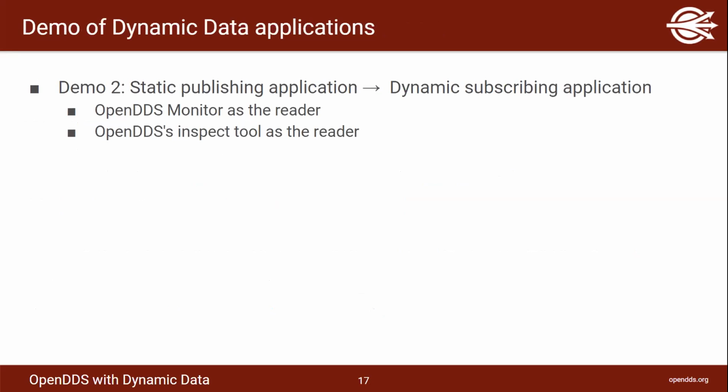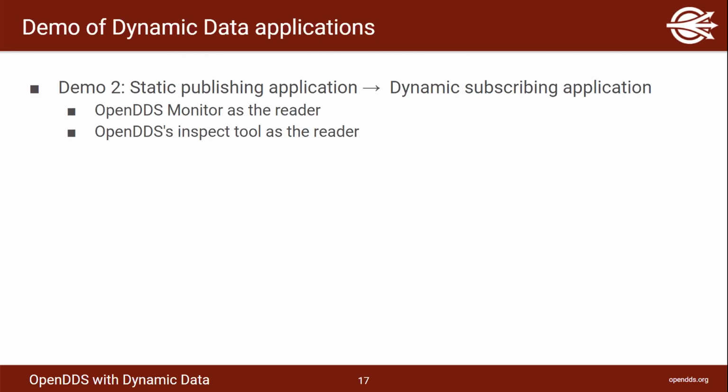Okay. Thanks, Fred. So in the previous slide, we have seen a demo, an example of a dynamic data writer talking to a static data reader. And in this part, I'm going to talk about another use case of dynamic type.